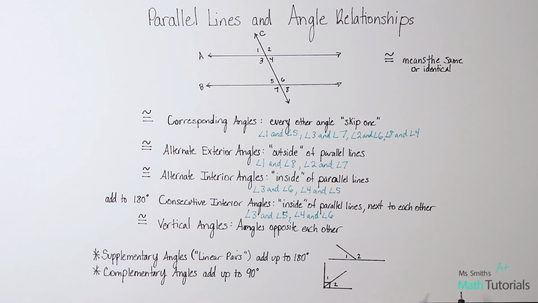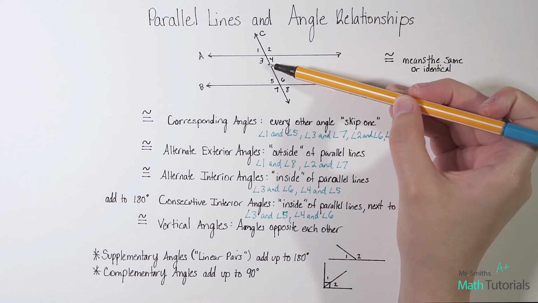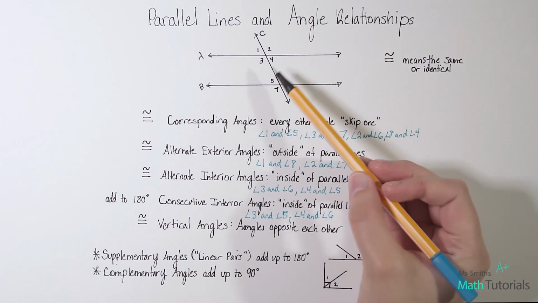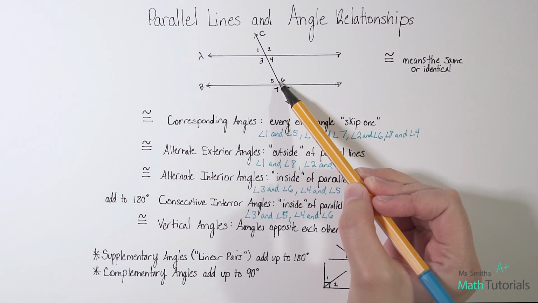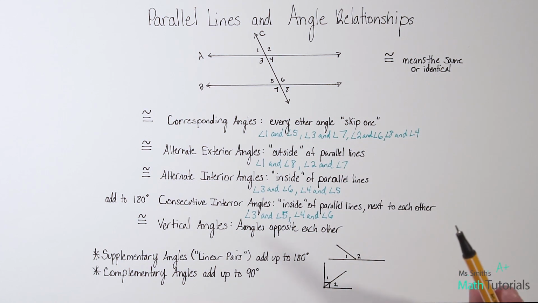An important thing to note about consecutive interior angles is that they're not congruent with each other. I can even look at 3. I see this is clearly an obtuse angle. It's larger than 90 degrees. And this 5 is clearly an acute angle. It's less than 90 degrees. So I can just look at those and tell they are absolutely not congruent.